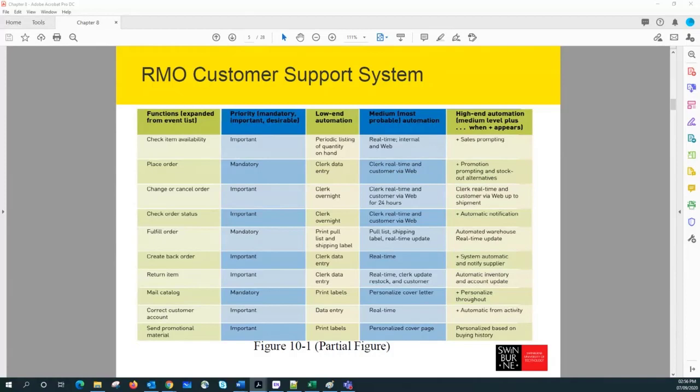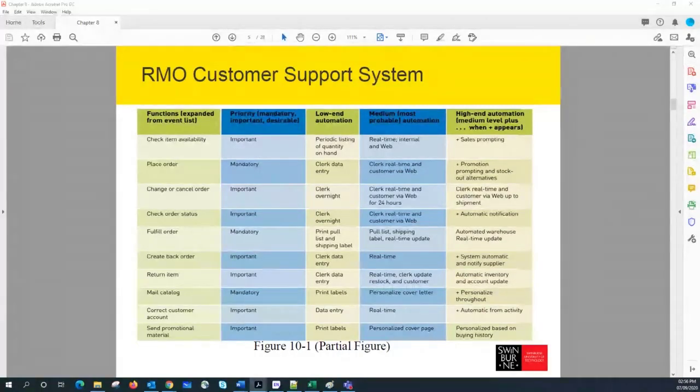Now, the other important thing to remember is that in this kind of table we are not supposed to describe every characteristic of each level of automation, because supporting descriptions can be provided later in more detail, since this is a high-level analysis.